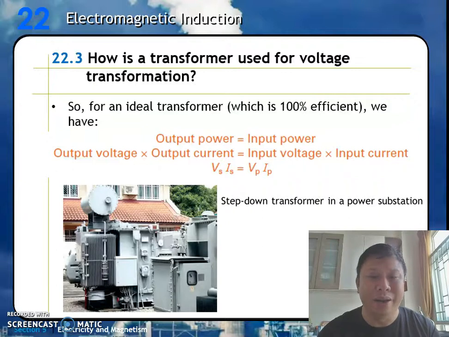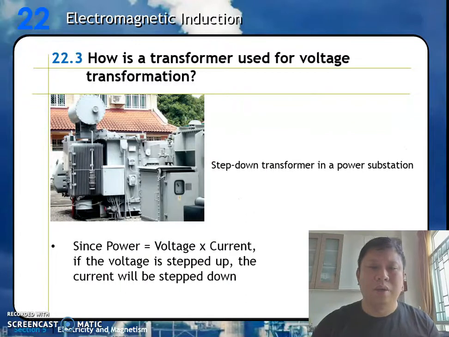So that forms another equation for the transformer. If you can recall, the previous equation that we learned is the turn ratio equation. So since power equals voltage times current, or P equals IV, if the voltage is stepped up, the current will be stepped down. Conversely, if the voltage is stepped down, the current will be stepped up.